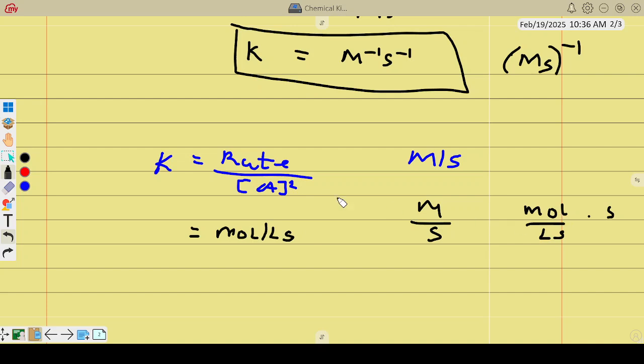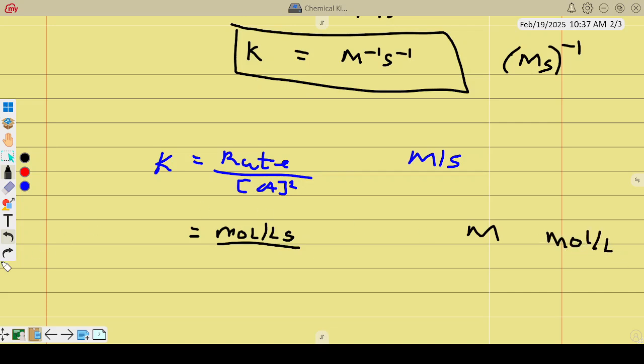Are you confused? You shouldn't be. You are smart, I know you. Molar per second, or mole per liter per second. These are the other units for it. Even for the concentration, instead of writing molar, we'll write mole per liter.